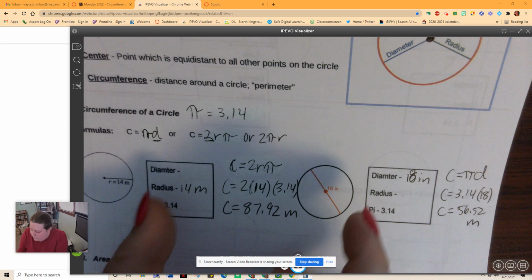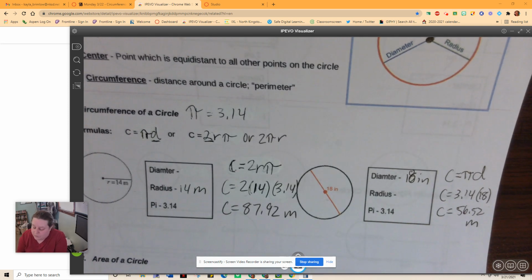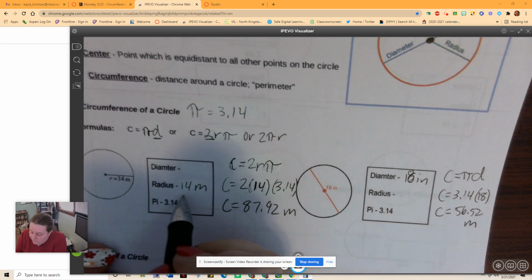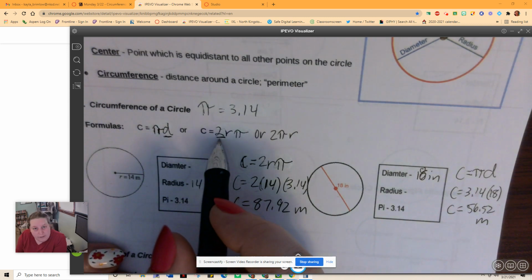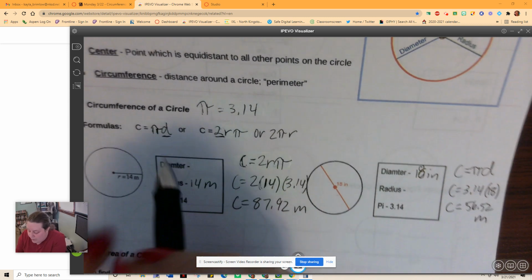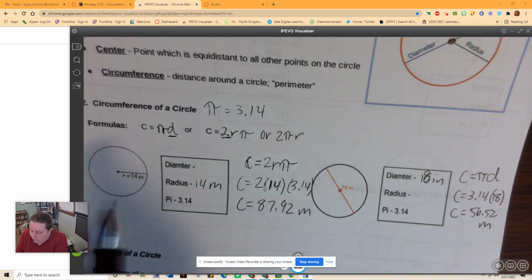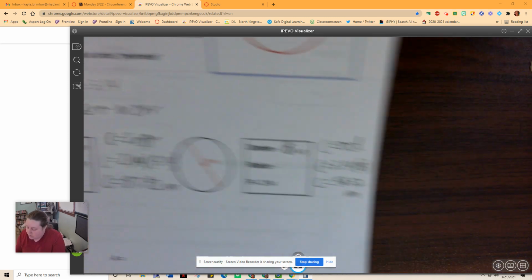Now, I want to come back to these two for a second, as I didn't address it while we were working through the problems, but you want to also get comfortable going back and forth between diameter and radius, especially as we move into area tomorrow. If you're given the radius but you need the diameter, what you need to do is double it. So if the distance here is 14, then all the way across would be double that at 28, okay?